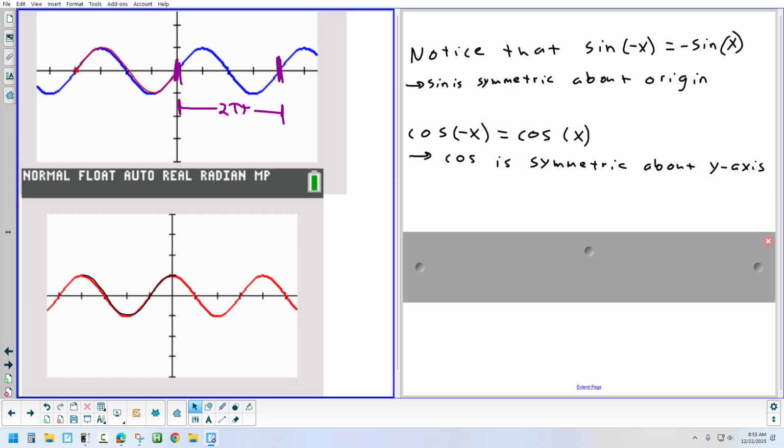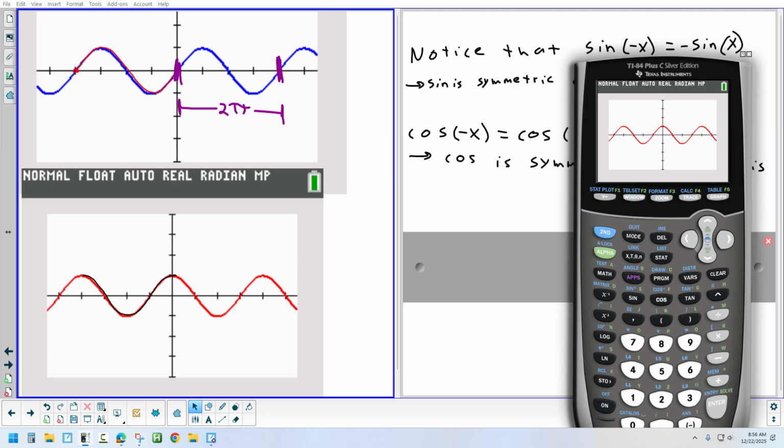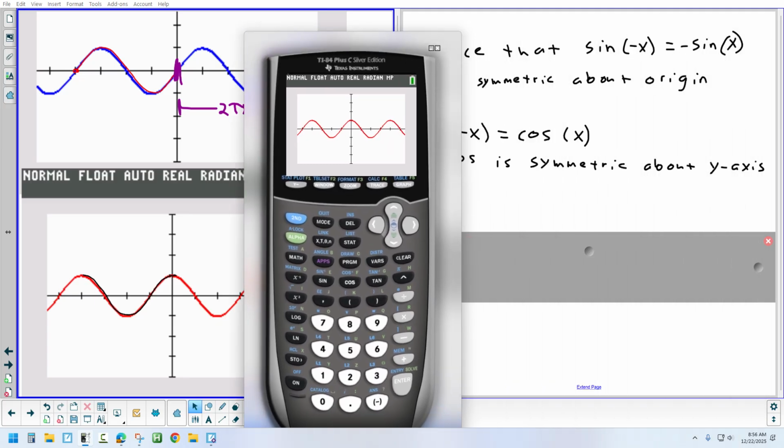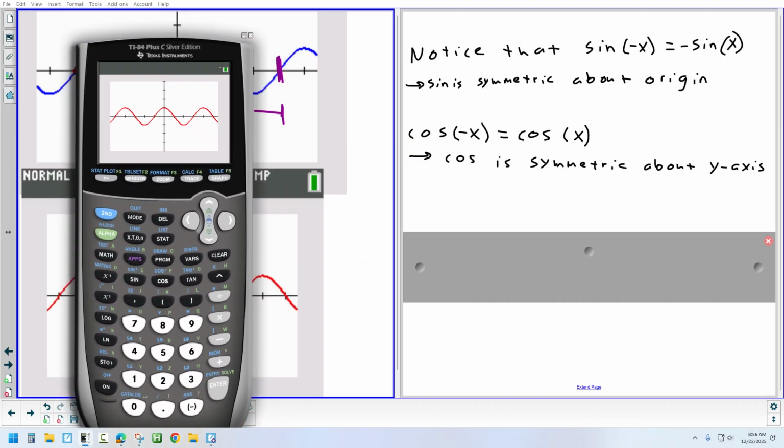When something is symmetric over the origin, that means if you put the negative on the inside or the outside, you get exactly the same result. Okay? I tried to show it to you as a picture. I can also show you it doing a calculation. Let's put our calculator in degrees. Let's do the sine of negative 10.